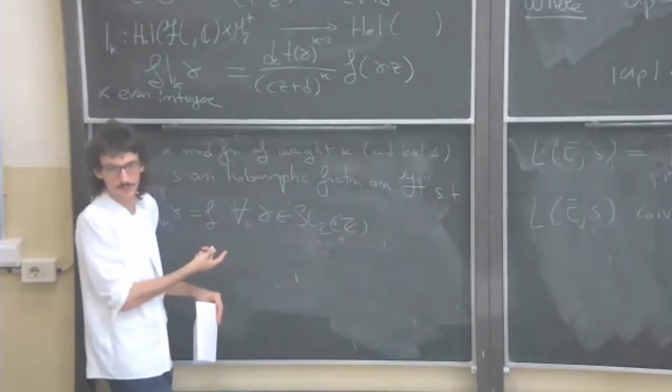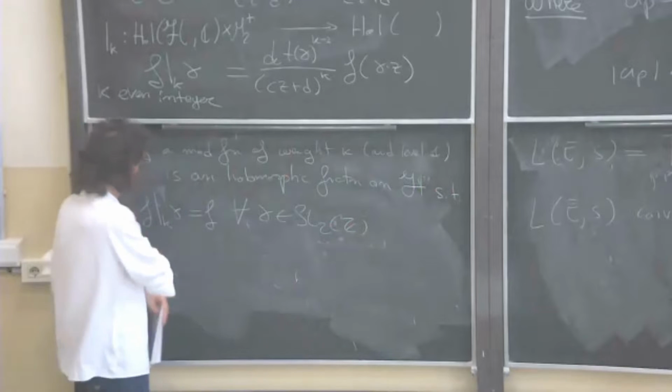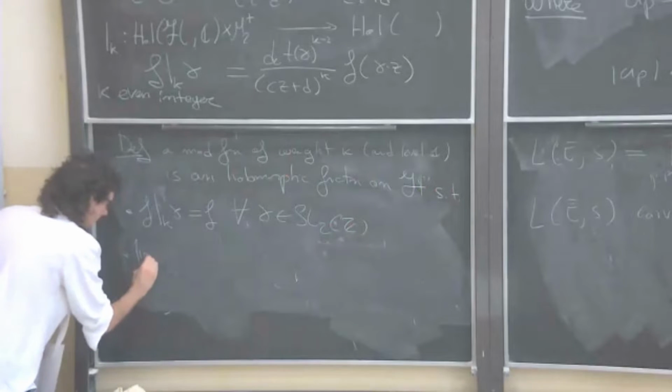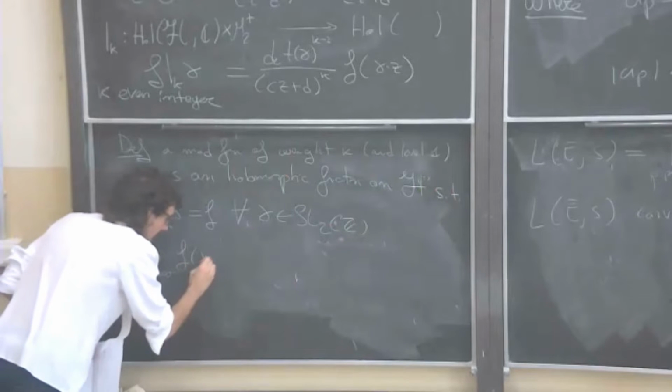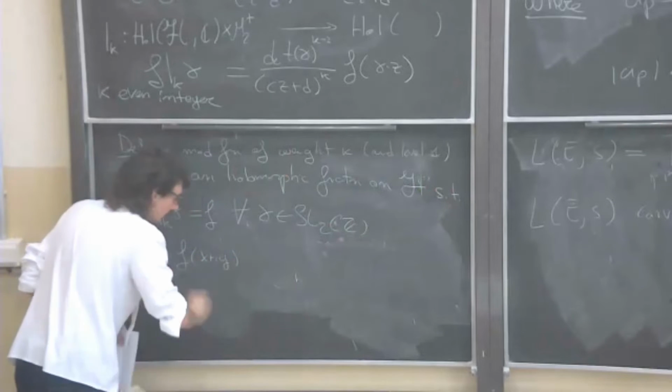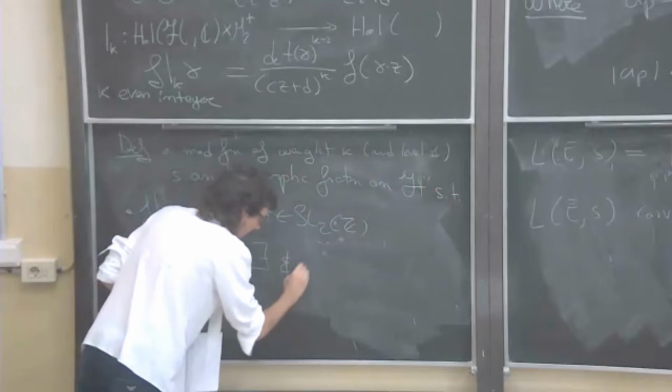This is the special linear group of matrices of determinant 1. And two, the limit, as y goes to infinity, of f of x plus iy exists and is finite.